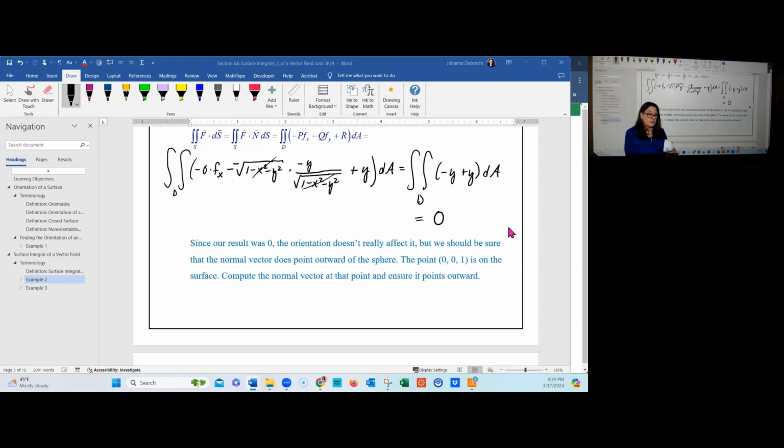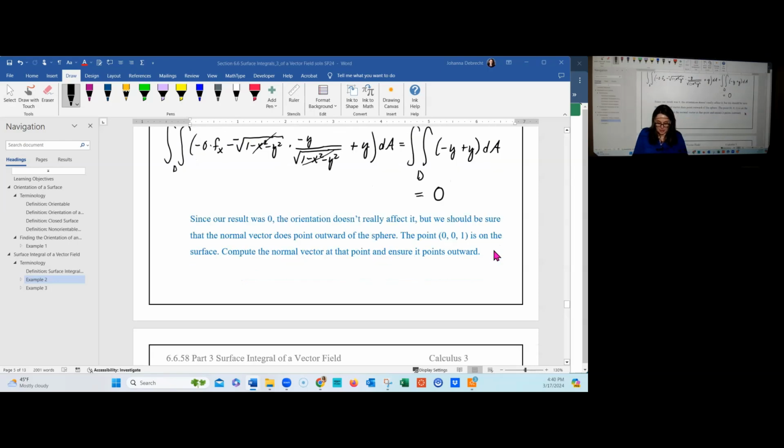We could use 0, 1, 0, or we could use 0, 0, 1. Of course, there are infinitely many points, but those are the 3 that are the easiest to compute. I chose to compute 0, 0, 1. Let's go ahead and compute the normal vector at that point and ensure that it points outward.